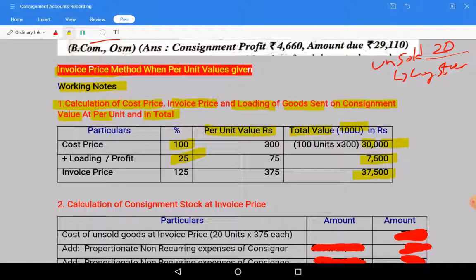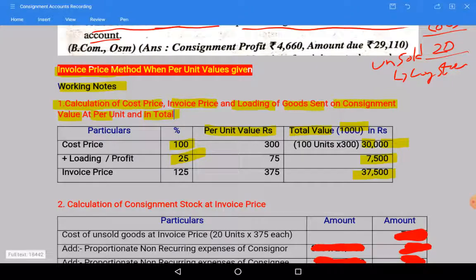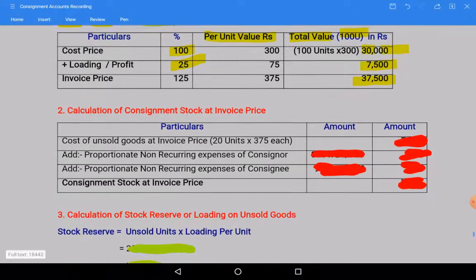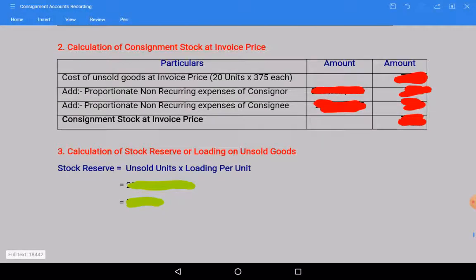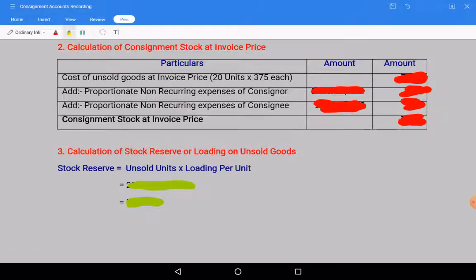Next, we will calculate working note 2, that is calculation of consignment stock at invoice price. Consignment stock at invoice price we are going to calculate, because it is invoice price method. Cost of unsold goods at invoice price.